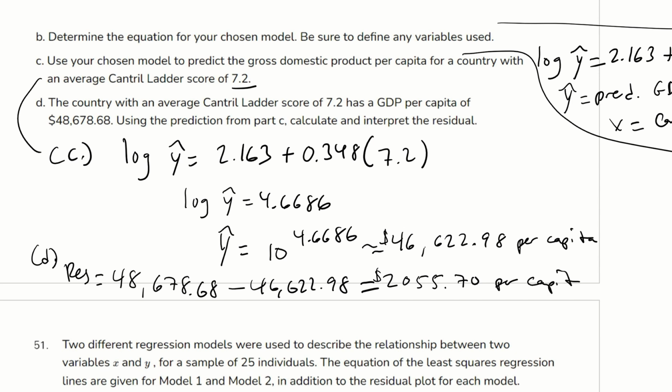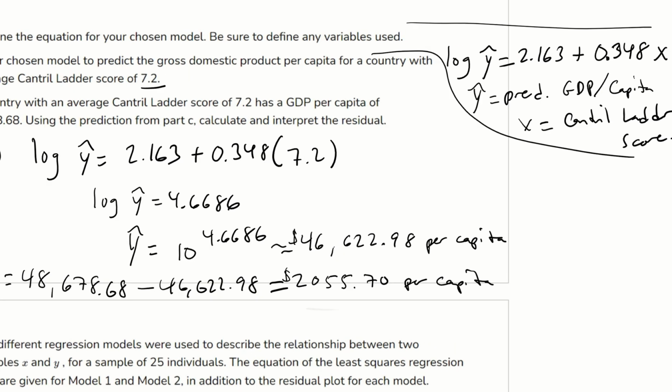Per capita. And they want us to interpret it. So interpreting means that it's positive, so that means the actual GDP per capita is above, or greater than, or more than the amount predicted by the model, okay?